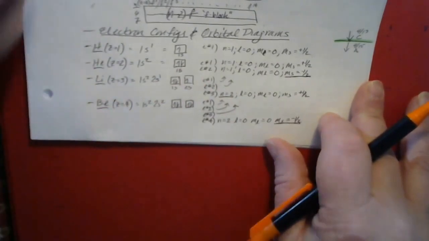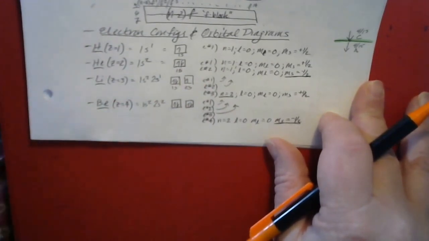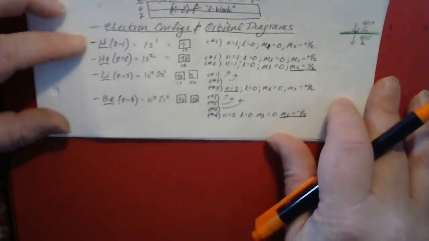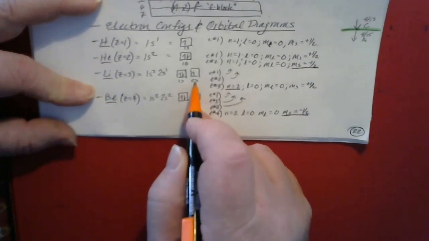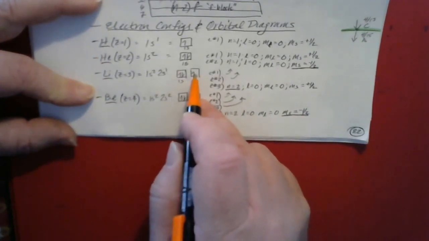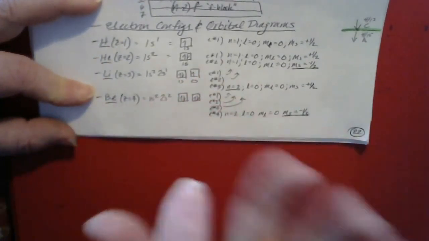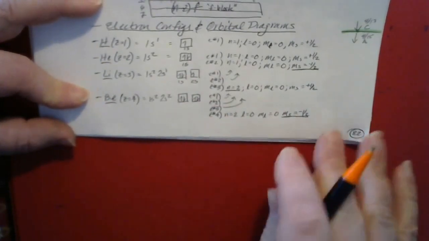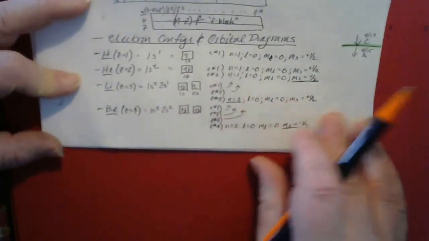And it can be difficult just from a normal electron configuration where you write out 1s2, 2s2, 2p6, 3s2, things like that, to tell whether there are any unpaired electrons in the atom or not. Writing out the orbital diagrams like this can show you when there are unpaired electrons and when there aren't. And it shows it graphically and very obviously. So it's not always easily predictable based on the normal electron configurations. So that's why we care about orbital diagrams.